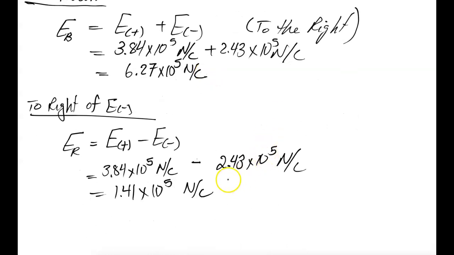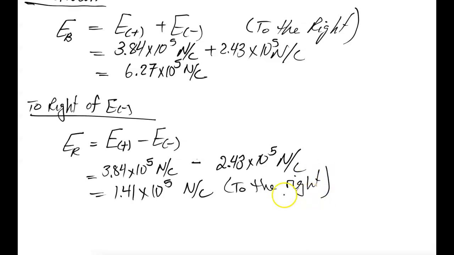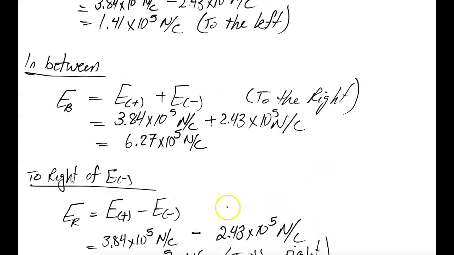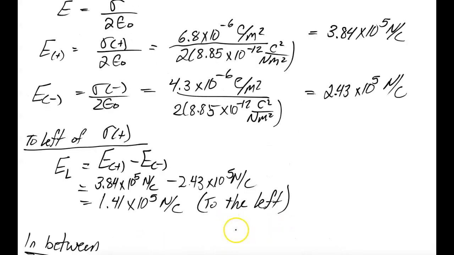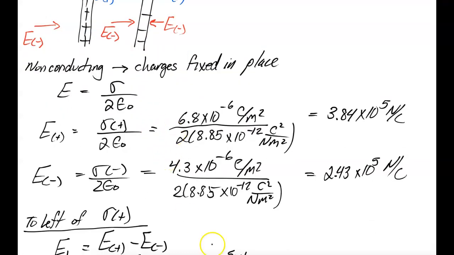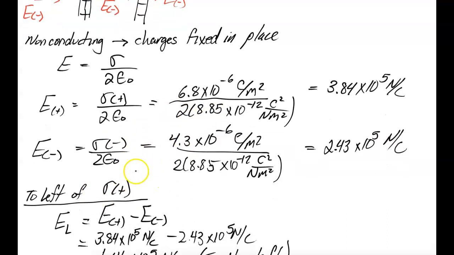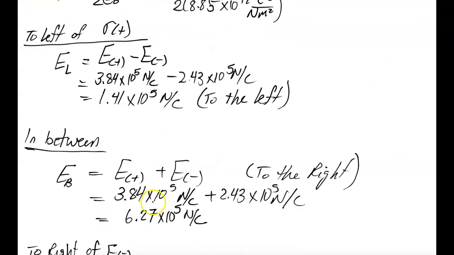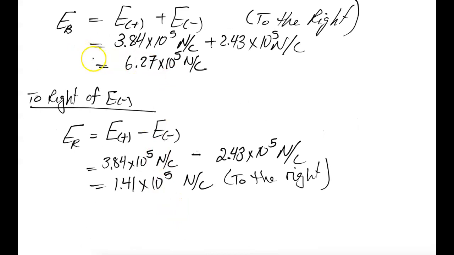So when you're doing these types of problems, you can always pick the bigger value minus the smaller value, but keep in mind that the direction is always going to be in the direction of the bigger value. We notice that, because E plus was the bigger, in this case it was to the left in part 1, and then in the last part it was to the right, so it's not always the same.